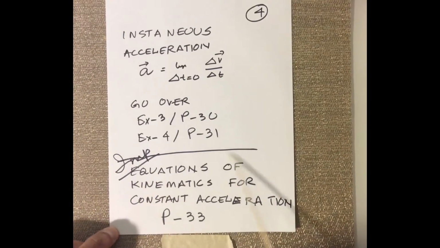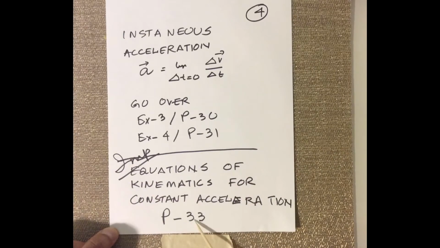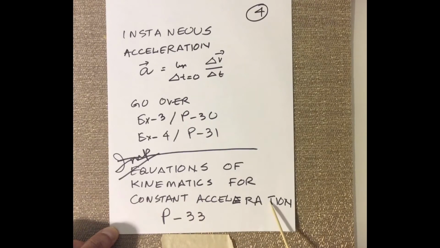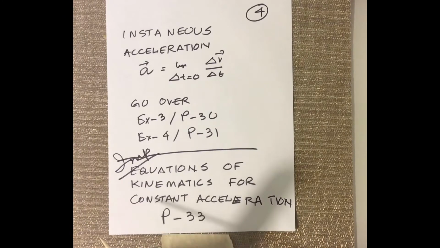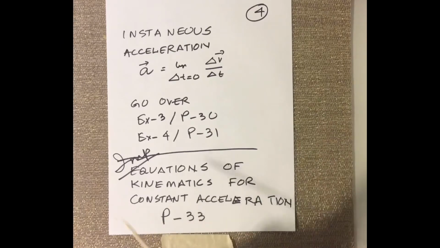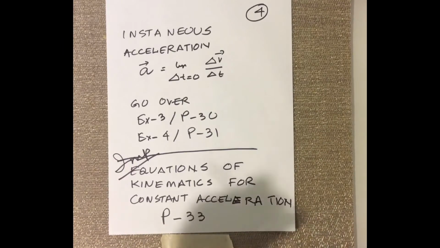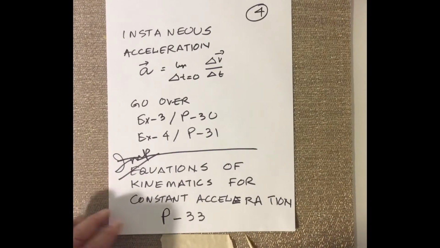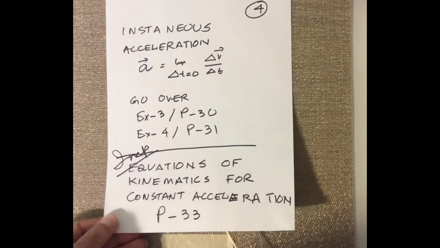Then on page 33 we'll have the equations of kinematics for constant acceleration. The acceleration remains constant. The other variables we can put together to figure out an equation to solve problems.